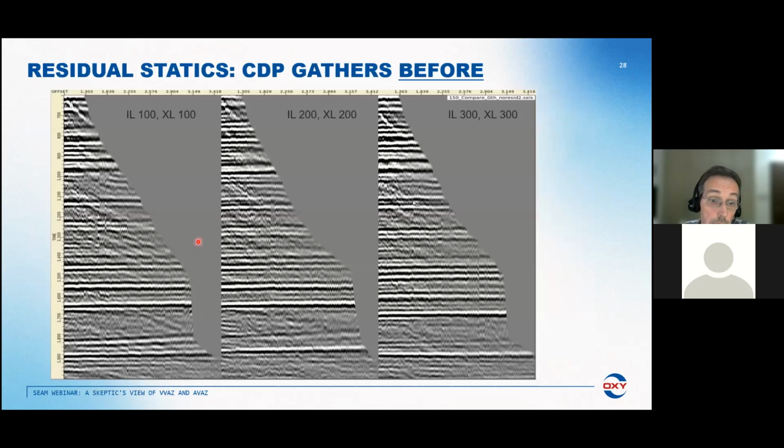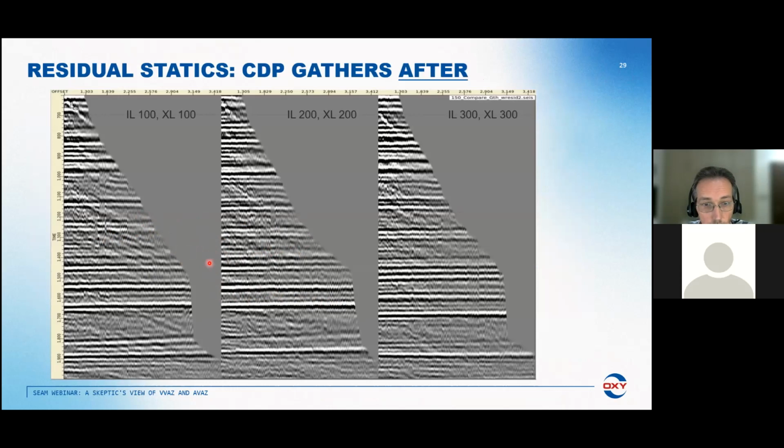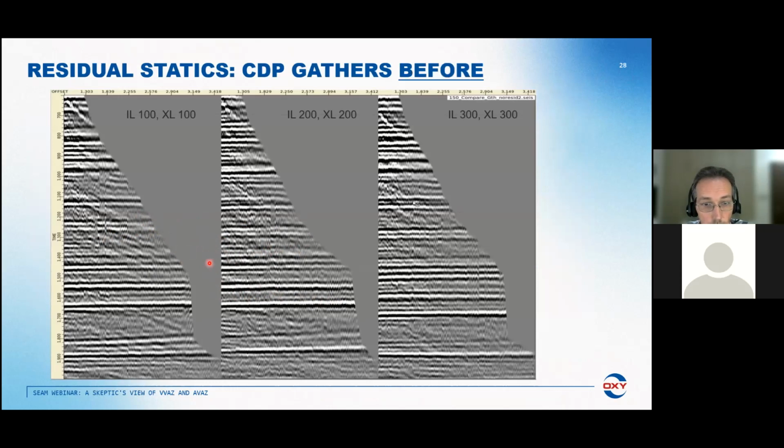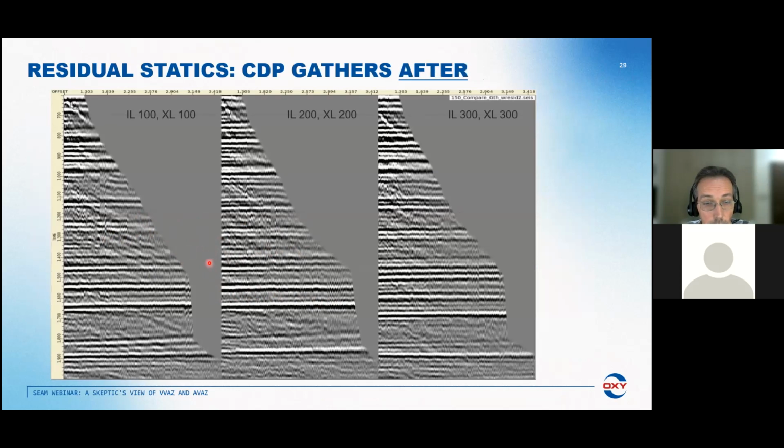Now let's look at residual statics, just a few CDP gathers before applying these residual statics. And then I'll try to flip slowly back and forth a few times. Hopefully you can catch the update. So in our zone of interest, yeah, there are some minor differences.